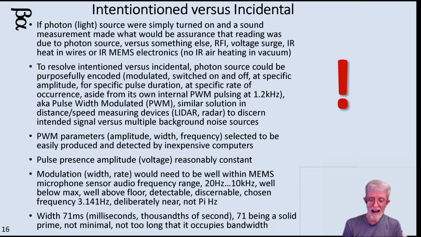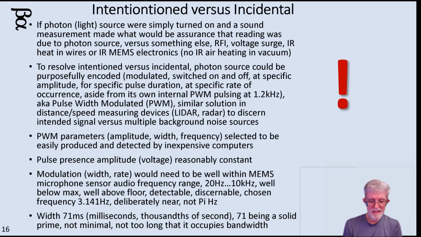I knew how to do that. I would rather not do that, but it was there in the background in case I really needed it. Turns out I didn't need it. So I had to calculate the maximum data rate that I can impose or modulate on my signal, and whether it will pick it up. The width of the pulses that I would induce would be a prime number, which means it's not normally found in nature.